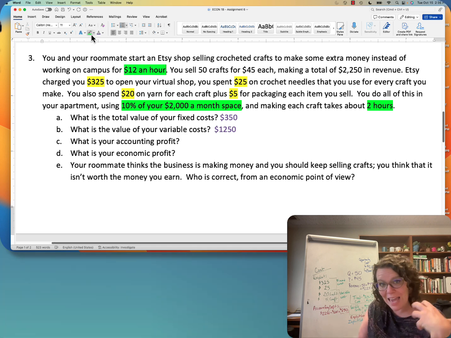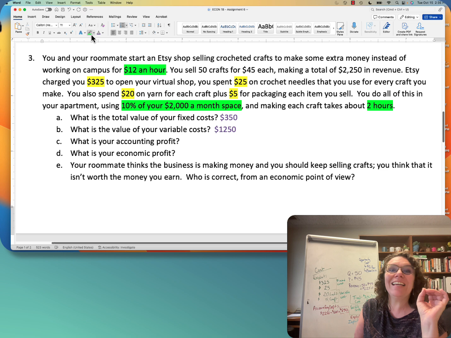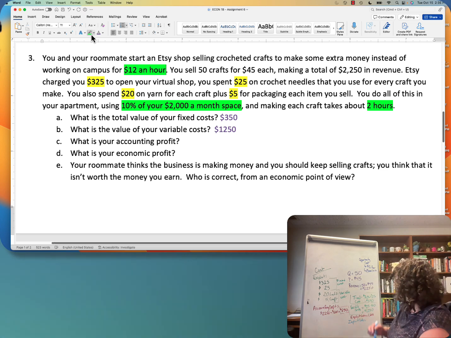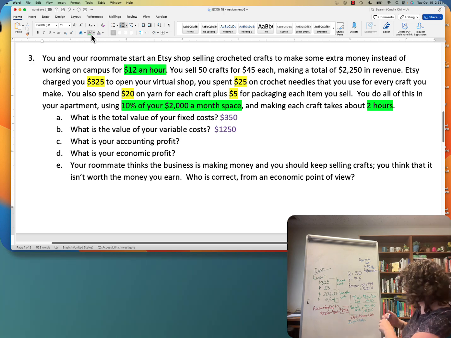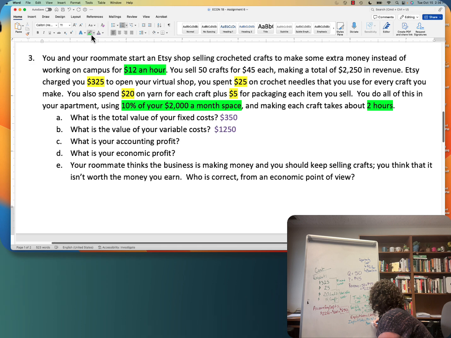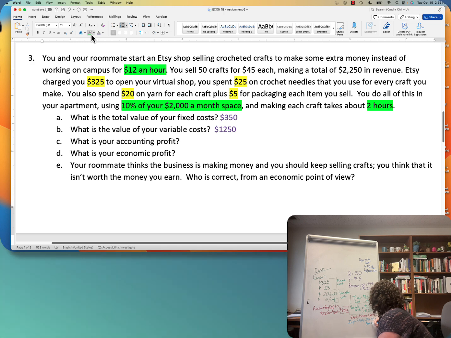Again, we don't pay those costs, but instead of making crafts, I could have worked on campus and made $24. So every time I make a craft, I'm going to give up 2 times $12. So that's 2 times $12 is $24, times the 50 crafts I made, plus the $2,000 apartment times just the 10% of the apartment I'm using.